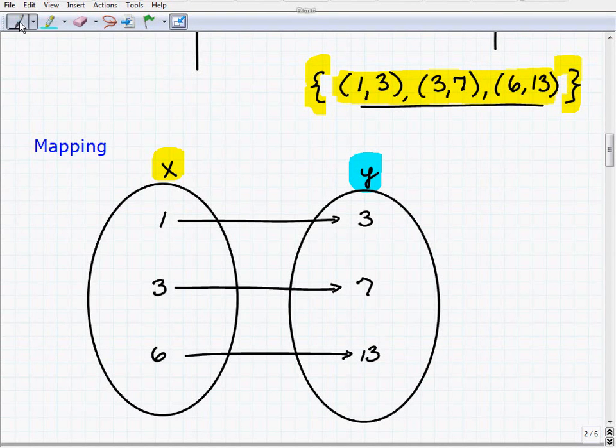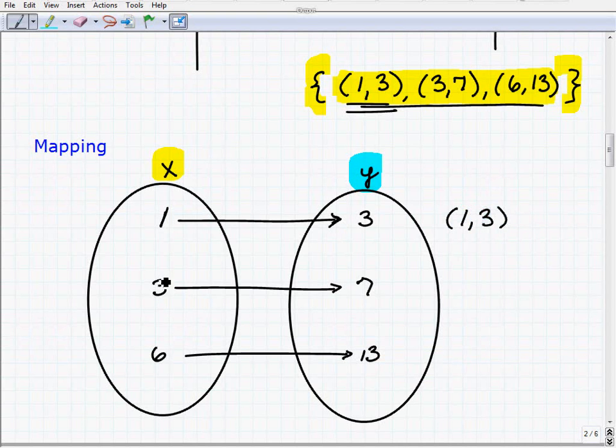So let's show you what I mean here. (1, 3) is part of our collection. With the mapping diagram, to represent the point (1, 3), I'd put the 1 here in my oval, and I would draw an arrow from left to right, very specifically from the x to the y, 3. So 1 has a relationship with 3, that's a relation. That is equivalent to the point (1, 3).